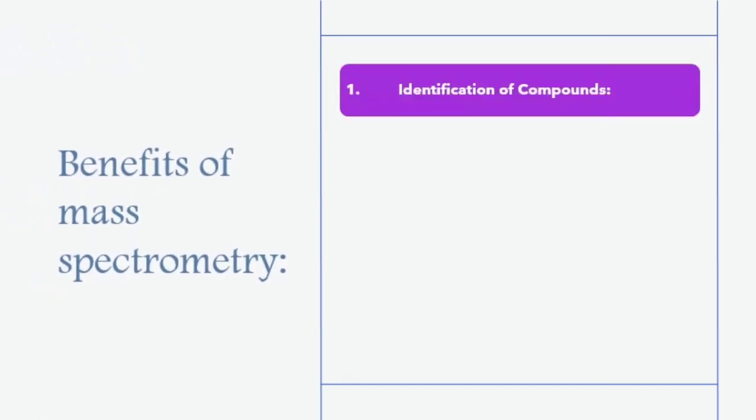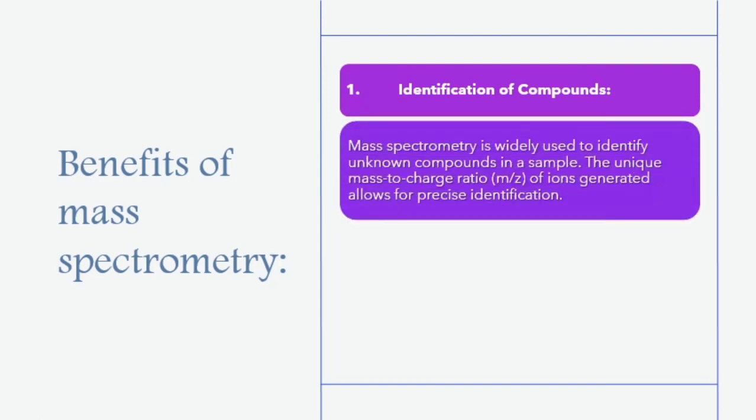Finally, we are going to talk about the benefits of mass spectrometry. First, identification of compounds. Mass spectrometry is widely used to identify unknown compounds in a sample. The unique mass-to-charge ratio, m over z, of ions generated allows for precise identification.